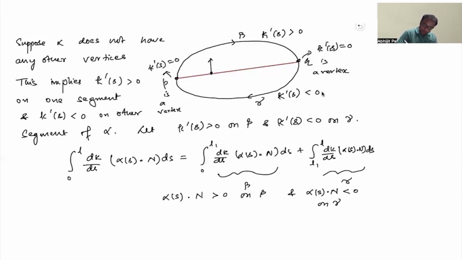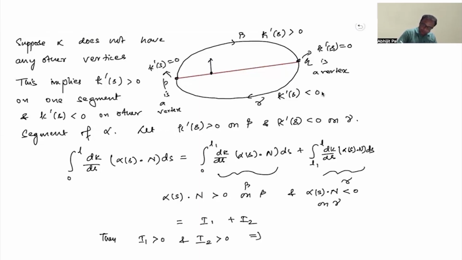So therefore the first integral, let us call it I1 plus I2. Because of this, the dot product on beta is greater than 0 and the derivative of k on beta is greater than 0, so I1 is greater than 0 and also I2 is greater than 0.